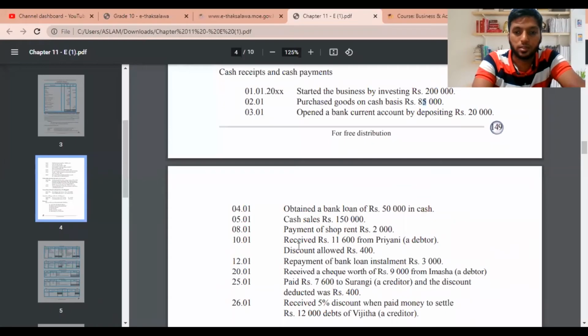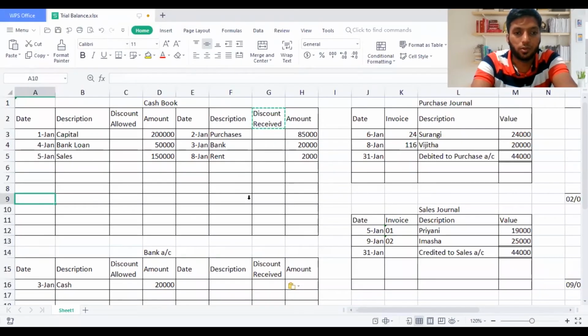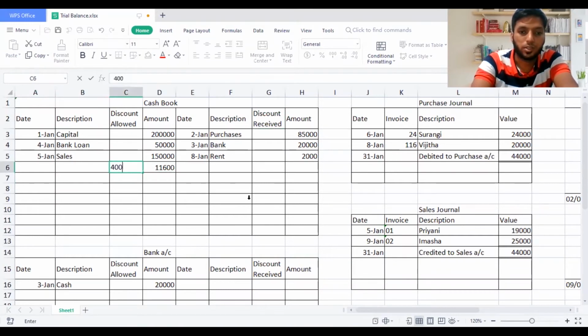So moving on to Priyani's adjustment, received 11,600 from Priyani, debtor. Discount allowed is rupees 400. So I'm going to take 11,600 we are receiving from Priyani. So I'll write here 11,600. Discount allowed is 400. What is the date Priyani is making the payment for us? Priyani is giving the money on 10th first. So I'll write here 10th first.